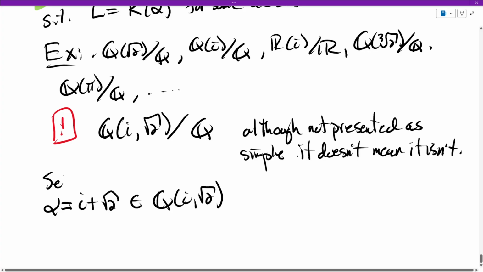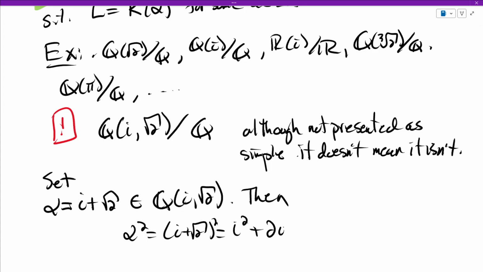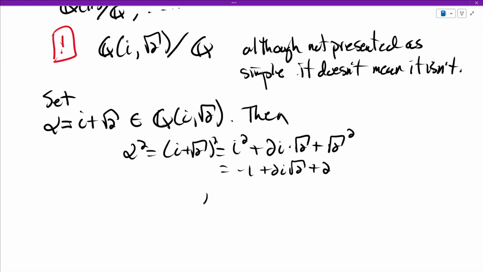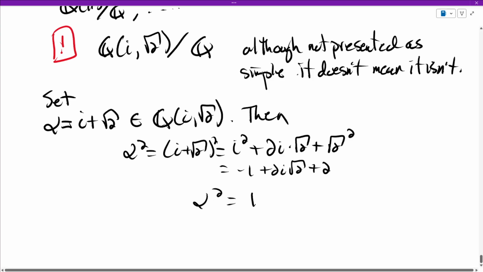Then let's look at alpha squared. Alpha squared is (i plus root 2) squared. And if you square that out, you get i squared plus twice the first times the second plus the second squared. So that's -1 plus 2i root 2 plus 2. So alpha squared is -1 plus 2, which is 1, plus 2i root 2.